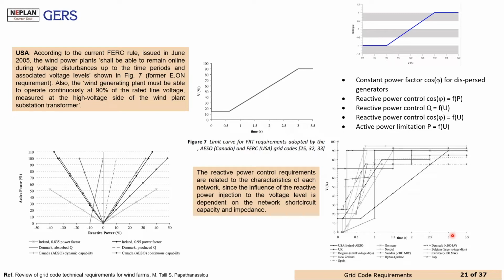I have here different control systems, for example, reactive power control where the power factor is a function of the active power, and reactive power control where the reactive power is a function of the voltage, which is illustrated here in this graphic from NIPLAN. Basically this behavior is typically used also in static var compensators, but this is for transmission systems.